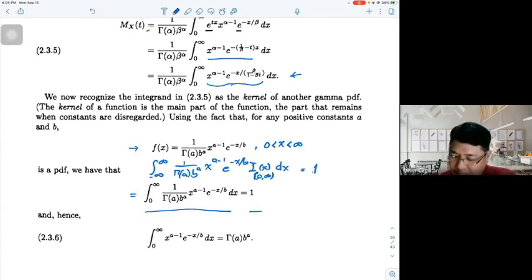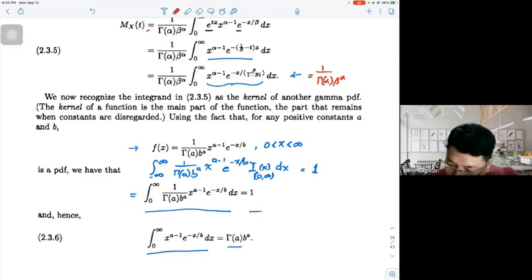Yan yung property ng ating PDF. So this integral of the kernel of our function is simply equal to gamma of a times b to the a. So ang result nito will be equal to what? 1 over gamma of alpha beta to the alpha. Okay? So yung integral of the kernel will be equal to what?